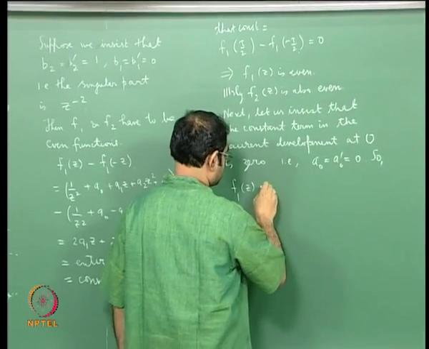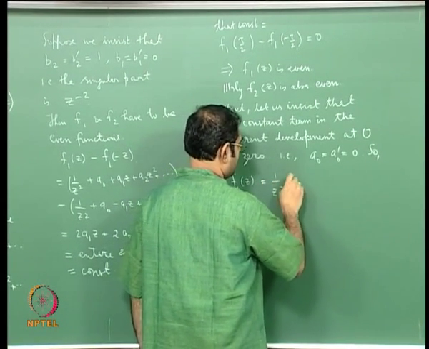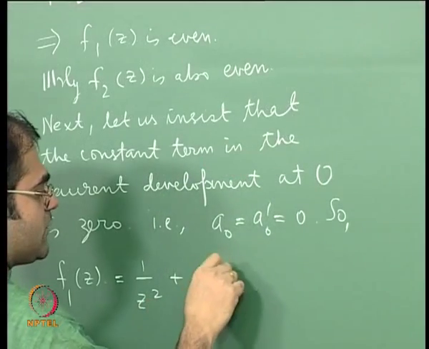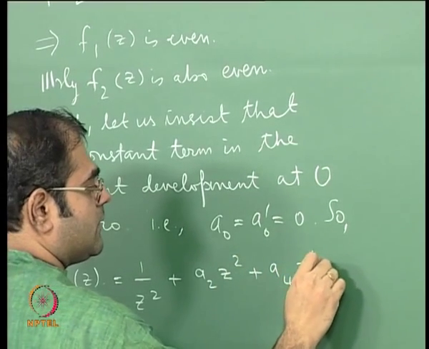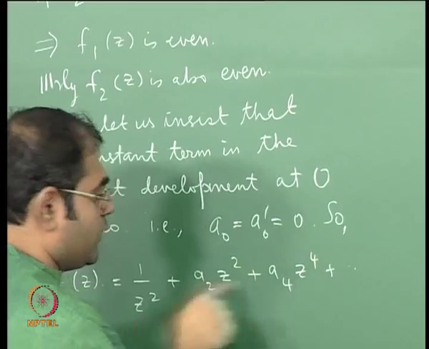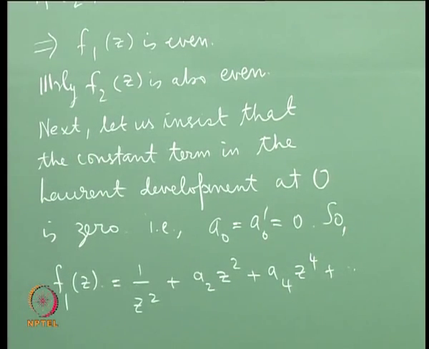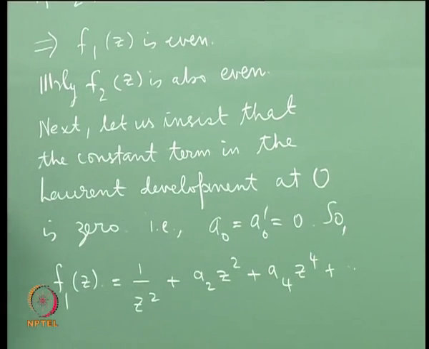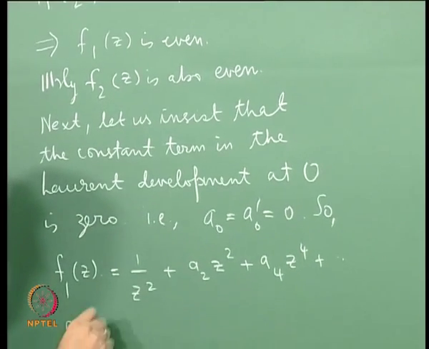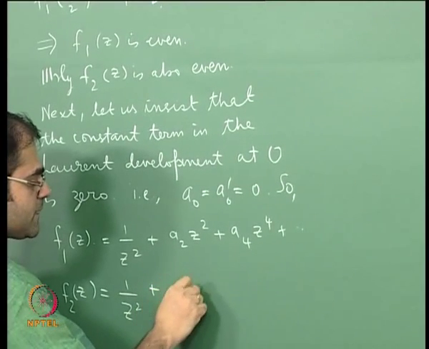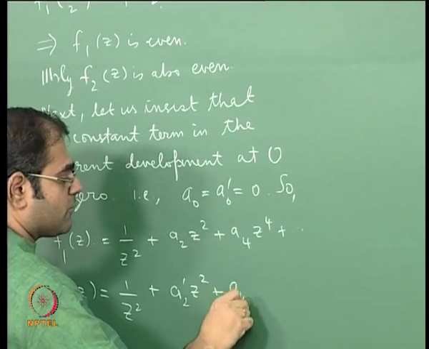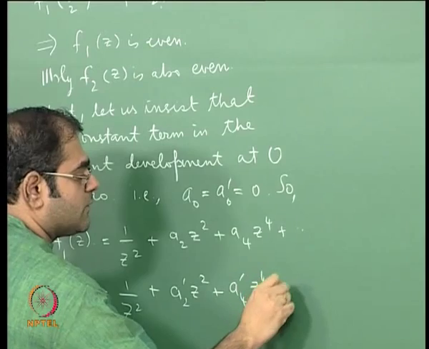will now have this expansion, it will be 1 by z squared plus a2 z squared plus a4 z power 4 and so on. Mind you, it is an even function, so the expansion has to be like this, and f2 of z will be again 1 by z squared plus a2 prime z squared plus a4 prime z power 4 and so on.